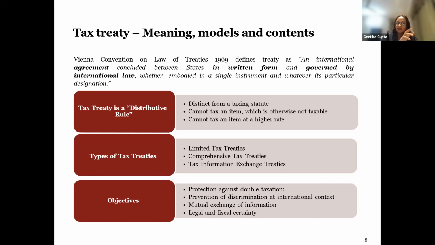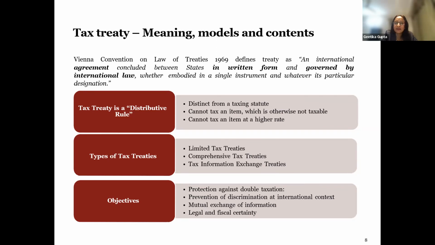So the first part we talk about is that a tax treaty is a distributive rule. It is distinct from a taxing statute. What we discussed in the earlier slide is that there is a different way to interpret a treaty. A plain meaning has to be given to it as compared to the domestic tax law. And second, it cannot tax an income which is otherwise not taxable. It cannot tax an income at a higher rate.